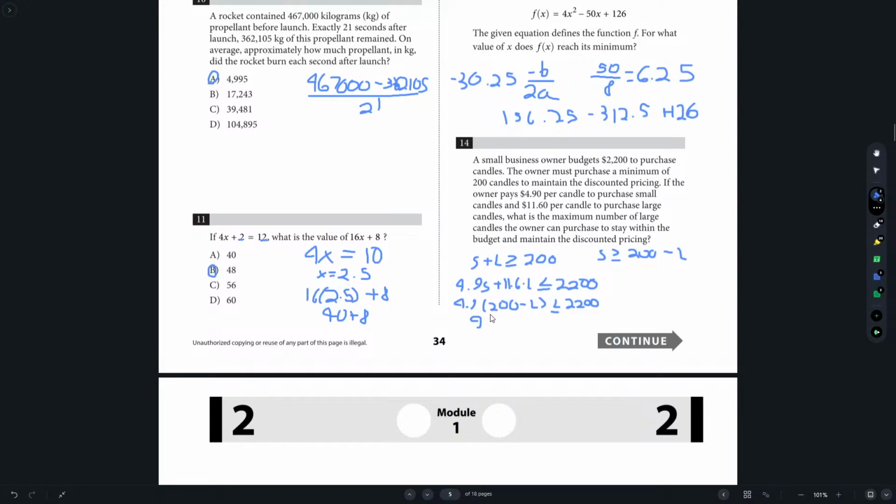We get 980 minus 4.9L plus 11.6L is less than or equal to 2,200. Combine like terms, subtract the 980 over. We get that 11.6 minus 4.9 is 6.7L.